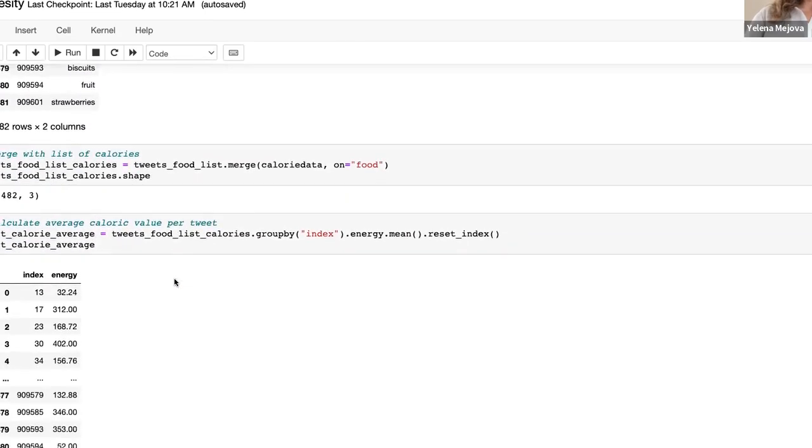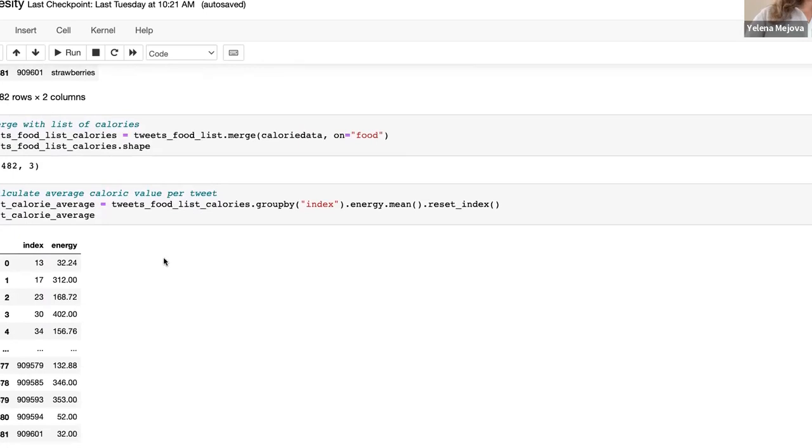And in the end, we get the caloric values for the data that we matched, and we compute the average caloric value per tweet, because we might be able to find many foods in one tweet, right? So we're doing an average here.